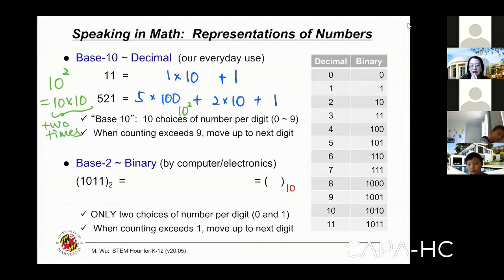Okay. Now, in the binary system, it's actually very similar. If I give you a binary number of 1011, we can follow similar logic, except that instead of a bundle of 10, now we have a bundle of 2.